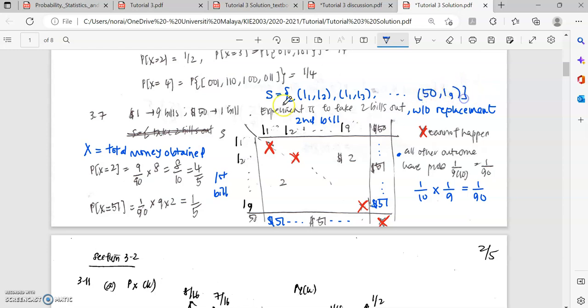How many outcomes can you get? For the first row you have 1 removed, so you have 9. For this whole row also 1 removed, so 9, and you have a total of 10 rows. So 9 times 10 gives 90 possible outcomes.